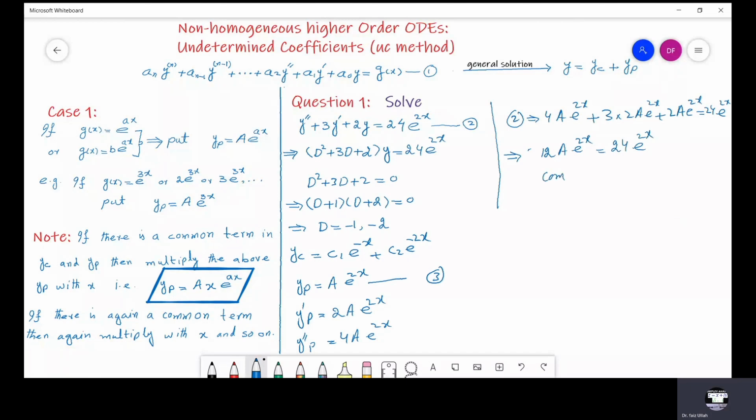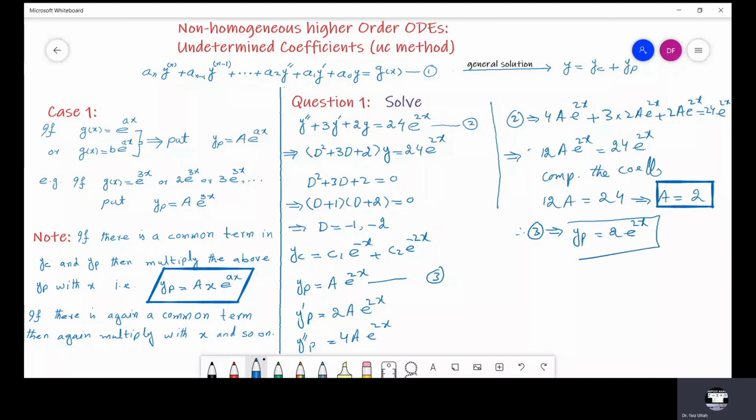So by comparing the coefficients, we have 12a is equal to 24. From here we get that a is equal to 2. So we will put a is equal to 2 in equation number 3. So therefore 3 becomes yp is equal to 2 e power 2x.